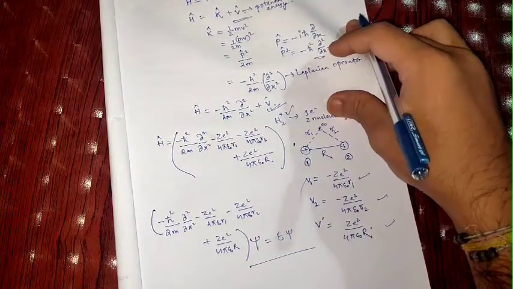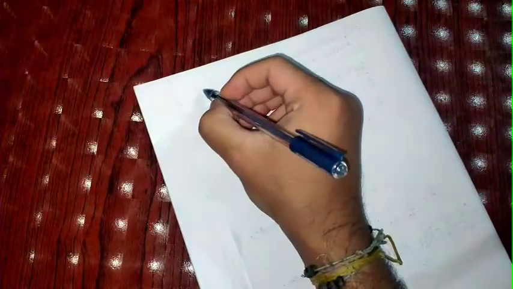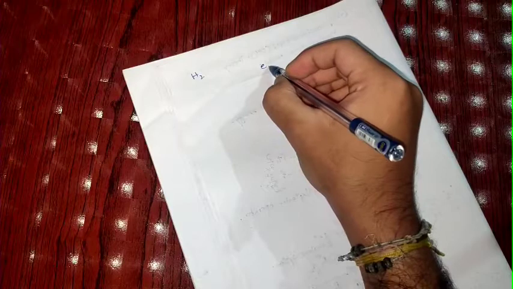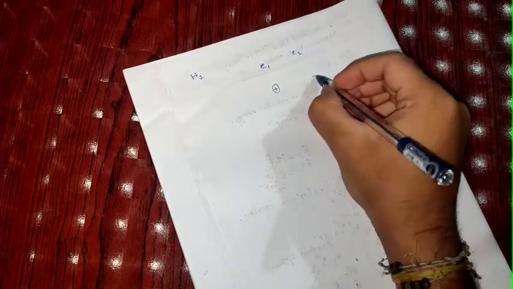Now let us consider the multi-electron system. Suppose we have a multi-electron H2 molecule. The H2 molecule is a multi-electron system, so here we have two electrons, consider E1 and E2, and nuclei 1 and 2.